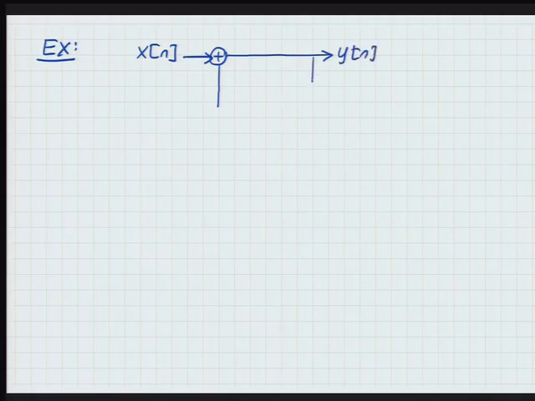So in this one, I have X of n coming in to a summing junction now. And then the output of that sum basically gives us Y of n. Okay? But then we take that Y of n, delay it by 1 unit in time, and delay it again. So we have two delay elements.